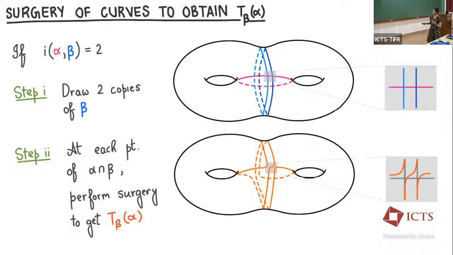Performing this at each of the intersection points of alpha and beta will give us a closed curve, and this curve becomes the Dehn twist of alpha about the curve beta. If we have alpha and beta intersecting k number of times, instead of two copies of beta, we'll just draw k copies, and at each intersection point we perform a similar surgery. So this is a quick recipe for obtaining how a single curve looks under a Dehn twist.